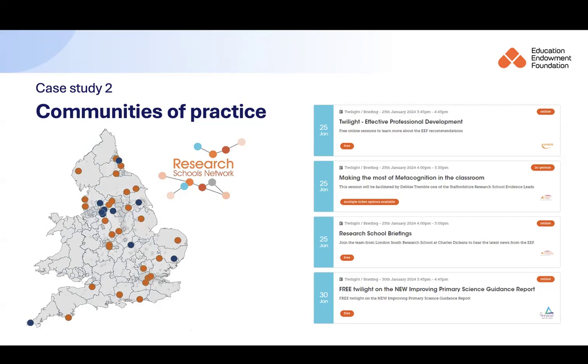And so the research schools, as well as identifying new prospects for research and effective practice that might go through our research pipeline, provide this really important role of training schools in their region in evidence-led approaches, sometimes through twilights, sometimes through much more prolonged engagement in the system.